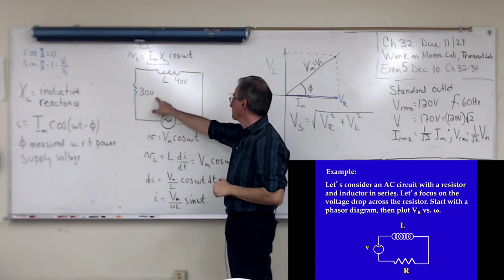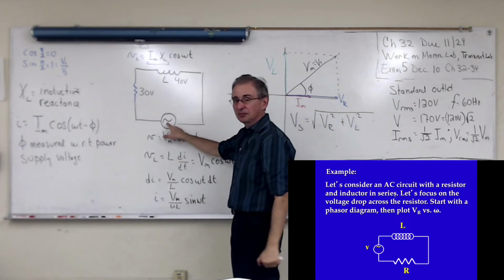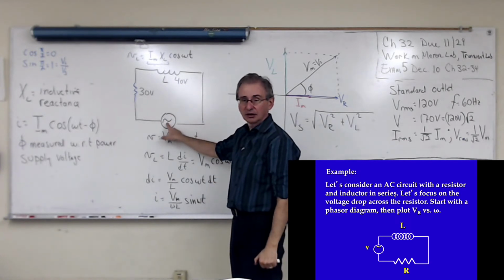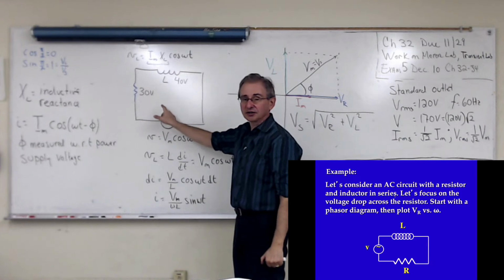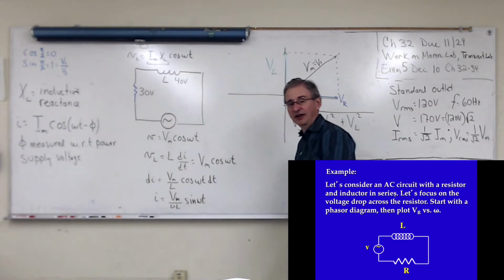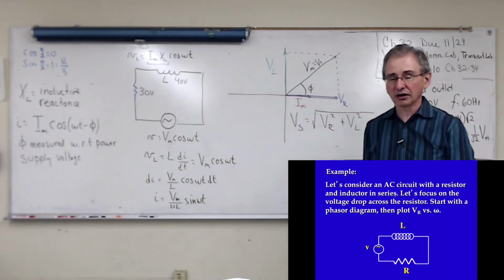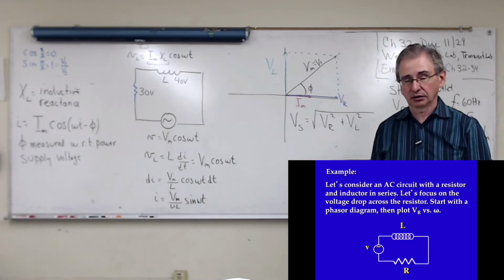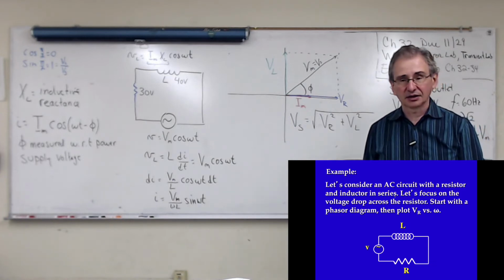If this is 30 volts and that's 40 volts, this will be 50 volts. Because you're adding trig functions, you're adding vectors, you're adding phasors. You're not adding them numerically anymore. This is not a DC circuit. Does that make sense?